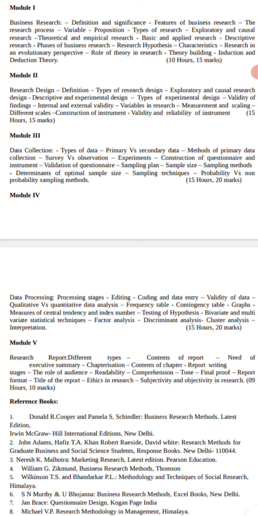But with the technological advancements that we have, hopefully we are able to learn through the various platforms that we have, even though the efficacy or the efficiency of this kind of learning is still, we cannot say 100%.